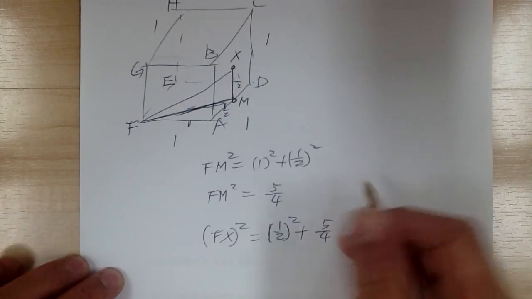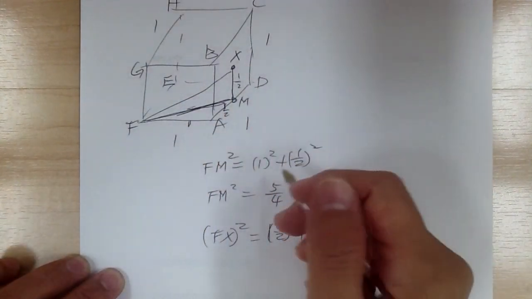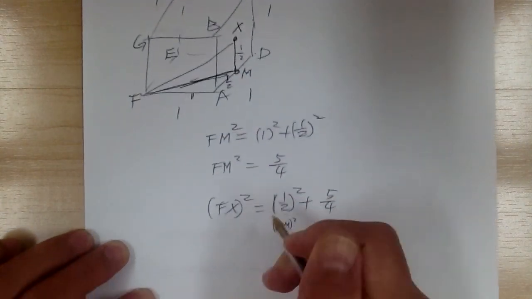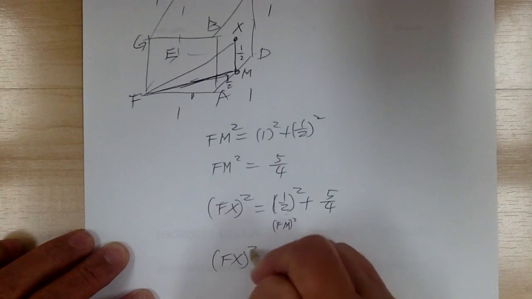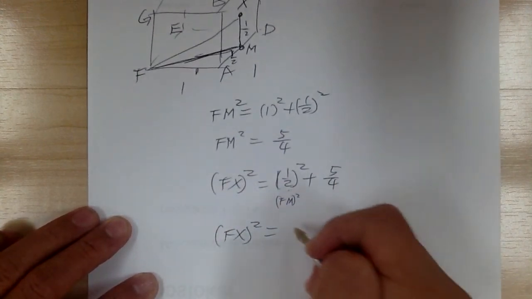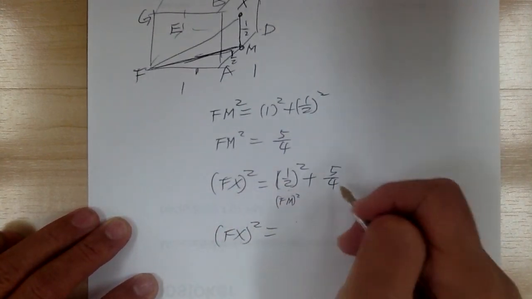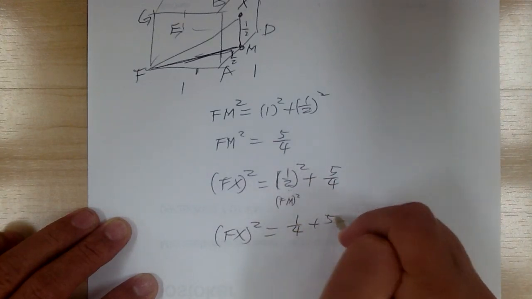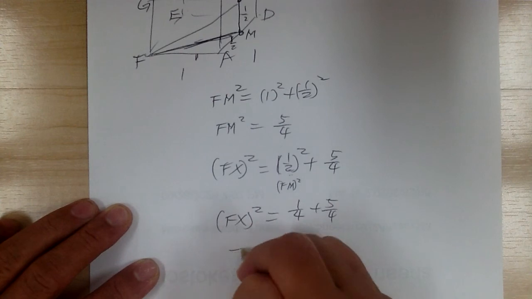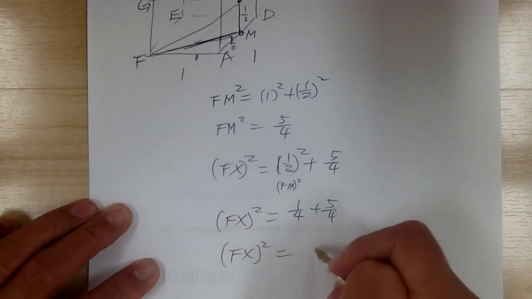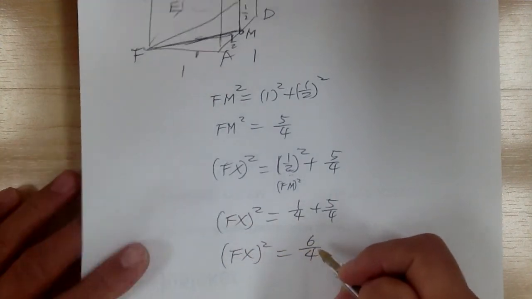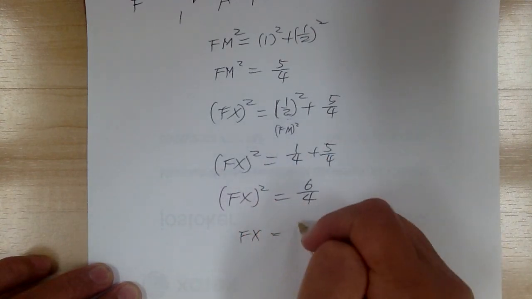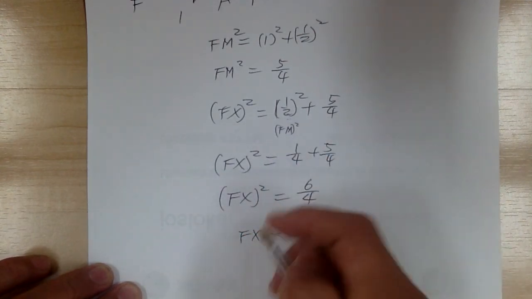Okay, so it's the Pythagorean theorem, right? This is your XM square. This is your FM square. So FX square will equal 1 over 4 plus 5 over 4. So FX square equal to 6 over 4 and you take the square root, so FX equal to square root of 6 over 2. And that's it.